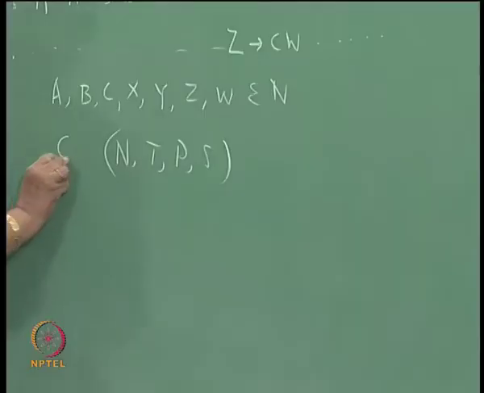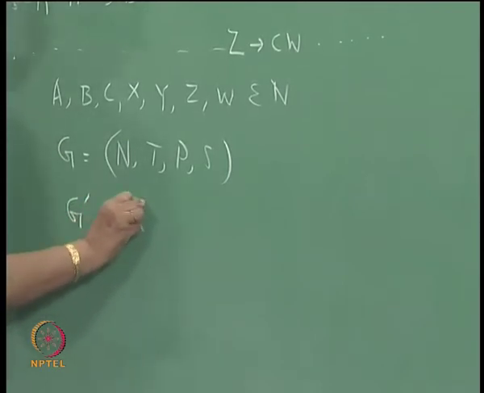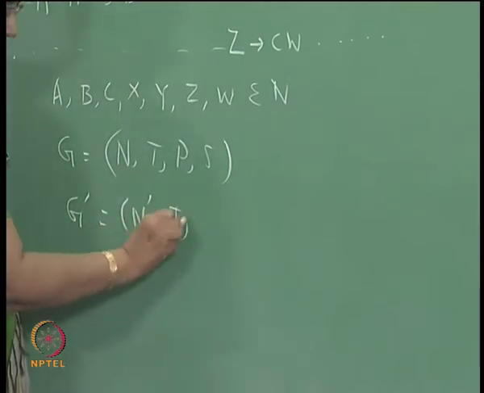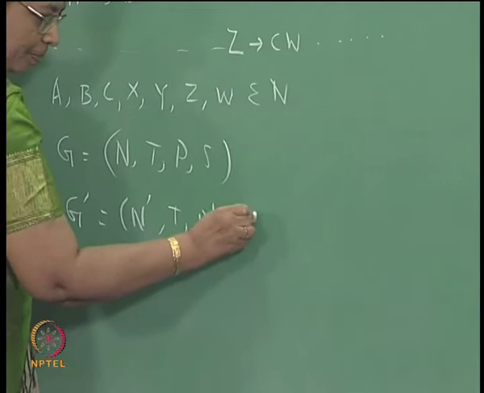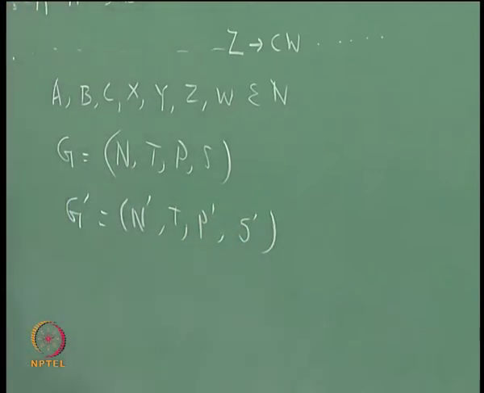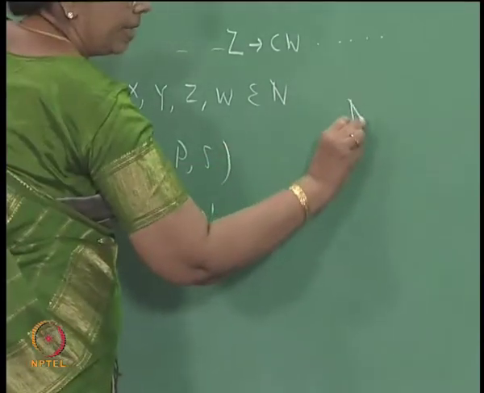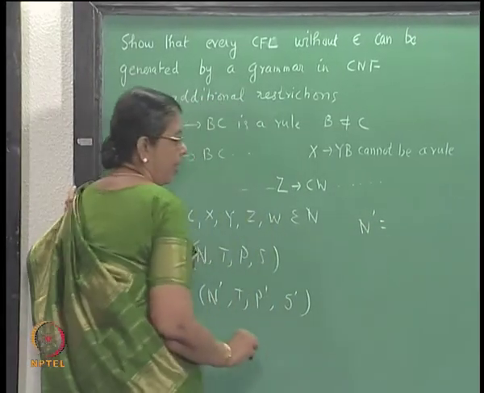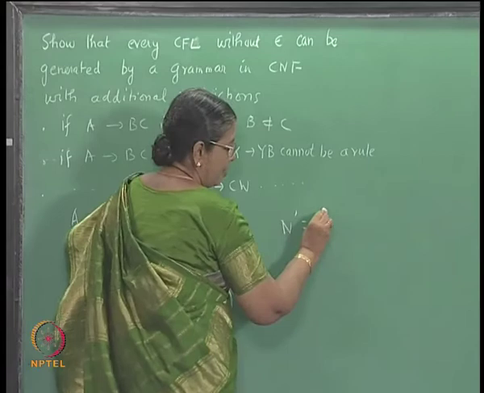Now, construct a grammar G dash with N dash, T, P dash, and a new start symbol S dash. Now, the set of non-terminals N dash will be of this form.